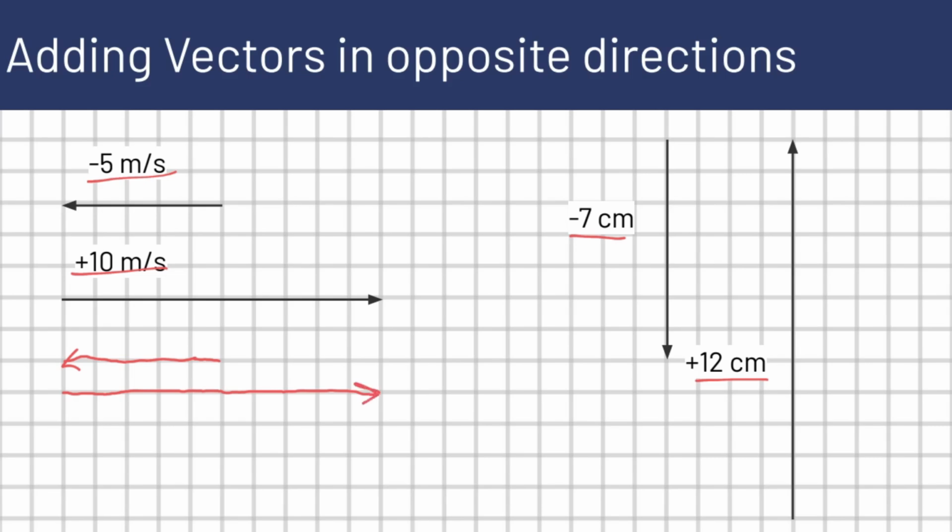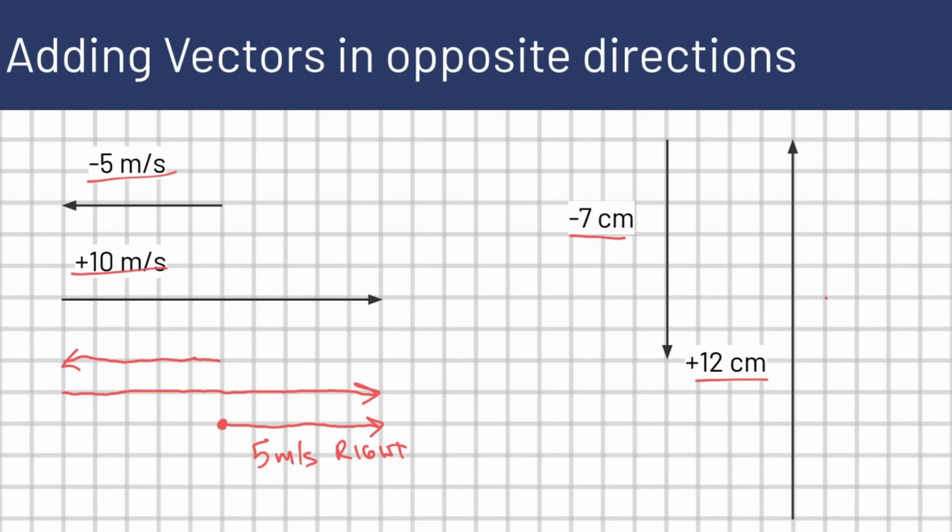Now our resultant vector starts at the tail of the first vector, and it goes in the direction of the head of the second vector. In this case, our resultant vector is 5 meters per second to the right.